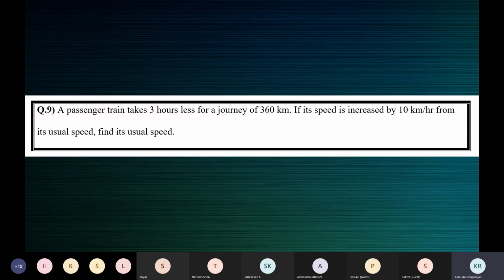Yes, others? 360 divided by x plus 10 minus 360 divided by x is equal to 3.